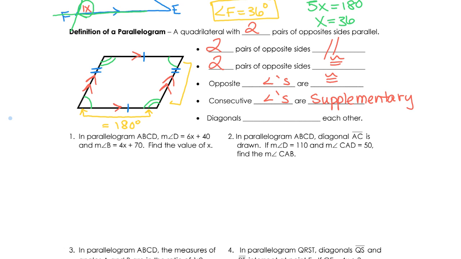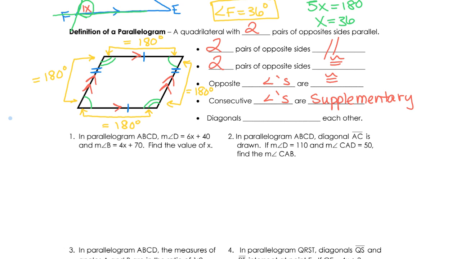These two angles here will equal 180 degrees. These two angles here are consecutive and will equal 180 degrees. And these two angles here are consecutive and will equal 180 degrees.